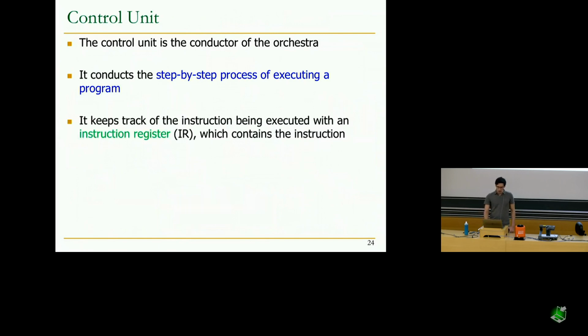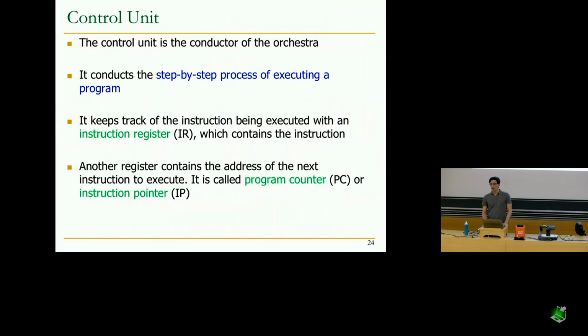As you saw in the previous slide, this control unit contains one register called the IR, the instruction register, and there is where we are going to store the instruction that is being performed at one particular moment. And we need another register, the program counter or instruction pointer, that is going to store the address of the next instruction to be processed.